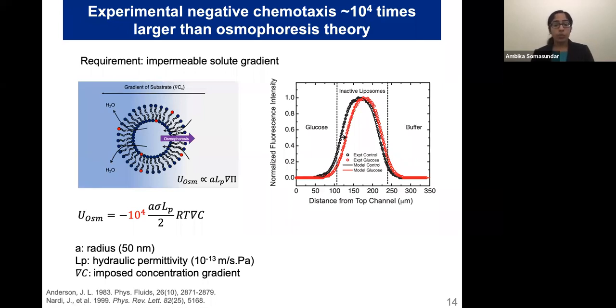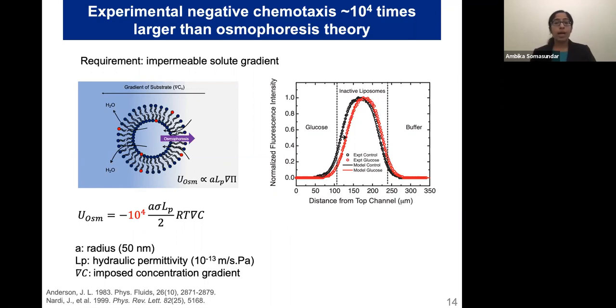In this case, we compared our experimental value with theoretical osmophoretic values, and we were able to get an overlap between the two only with a huge factor of 10 to the power 4. So we were able to rule out osmophoresis because osmophoretic transport in our system is negligible.